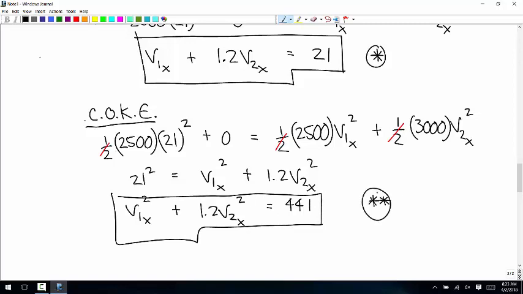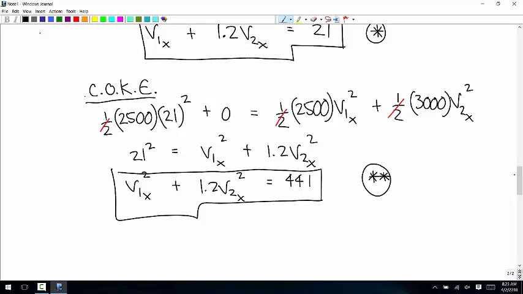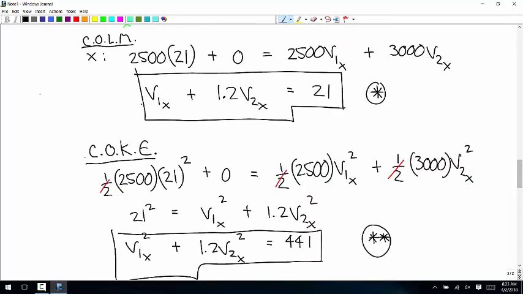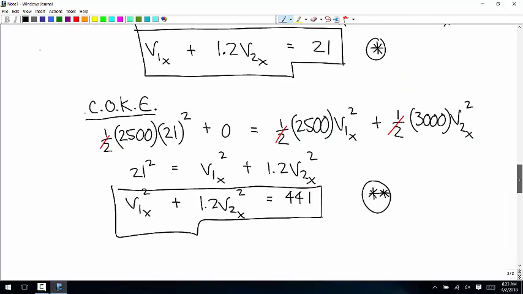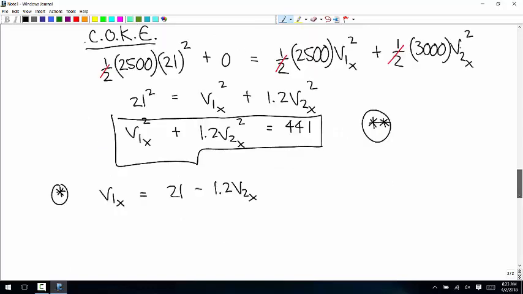Now we have a system of 2 equations to solve for 2 variables. So let's do it like this. Star says v1x is equal to 21 minus 1.2 v2x.